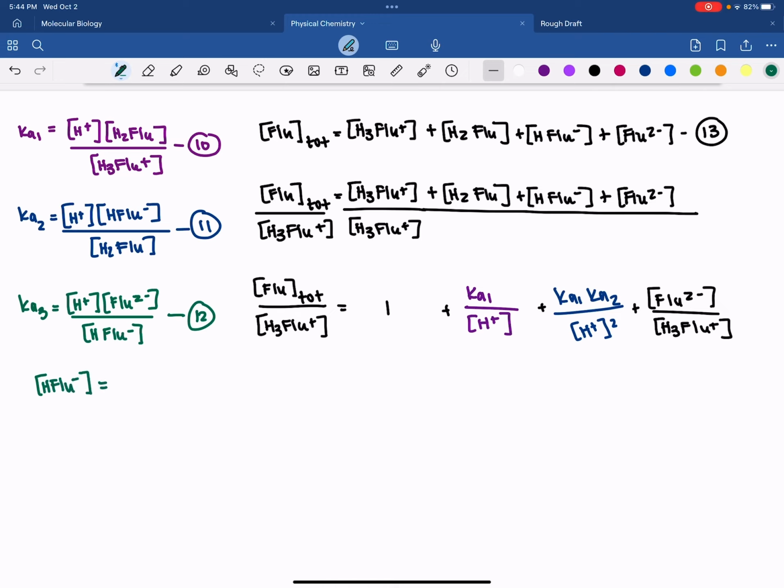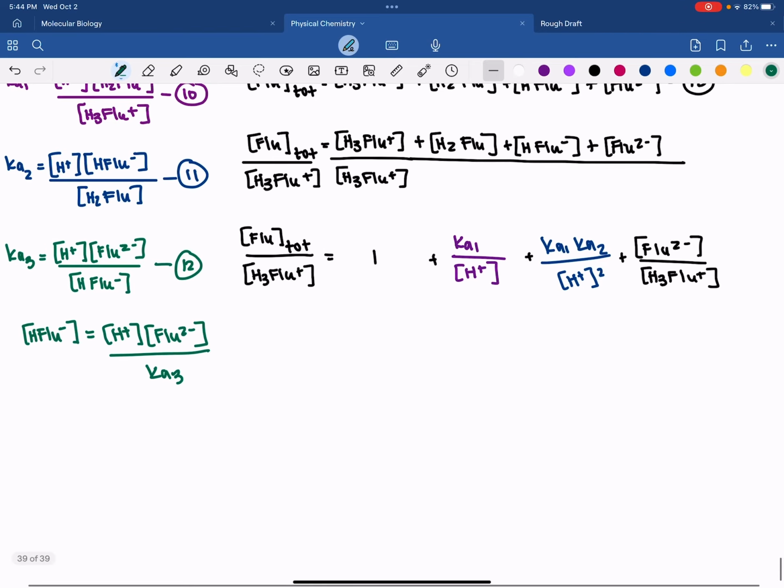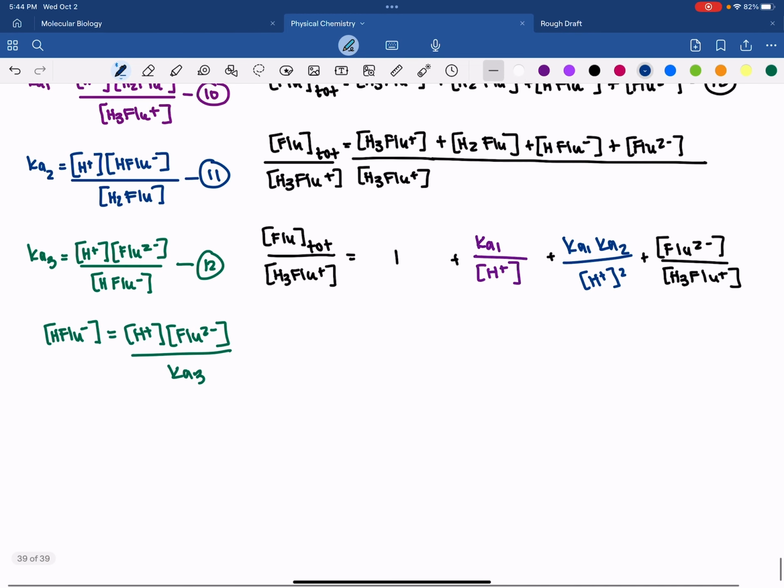The concentration is equal to H plus times the concentration of flu 2 negative over Ka3. And then we relate that back to our 11th equation, and that would be Ka2 is equal to H plus. You get the point, so I'm not going to rewrite the 11th equation.